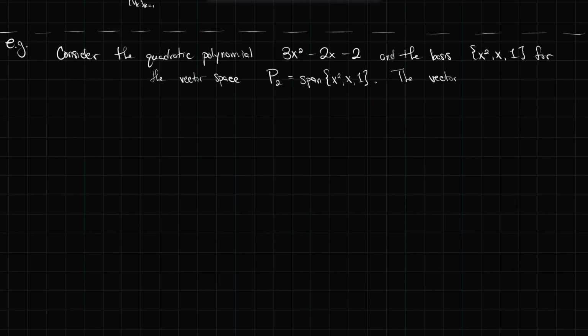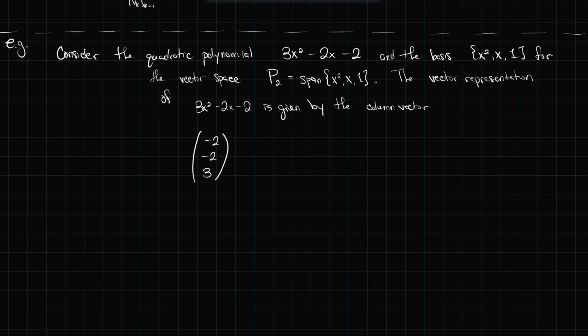The vector representation of 3x squared minus 2x minus 2 is given by the column vector -2, -2, 3. Where I've taken that -2 and put it there, that -2 and put it there, and that 3 and put it there. Now these gain a subscript. I should probably reorder actually the way that I've ordered these. I should reorder this as a 1, an x, and an x squared.